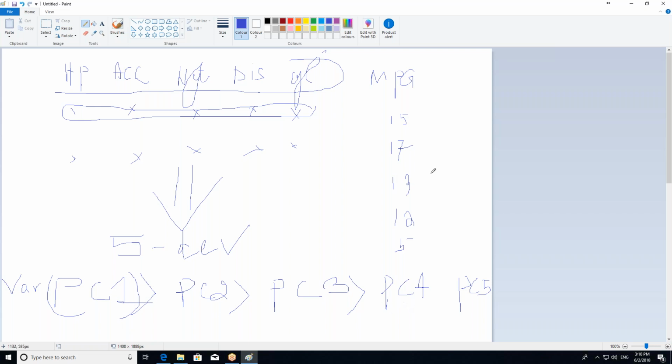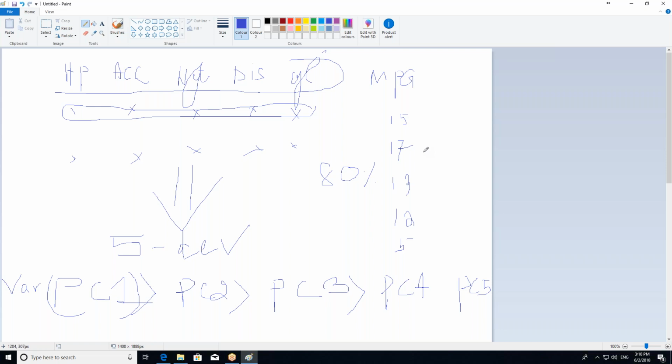Say the total explanation of all these variables is something like 80%. That 80% is the adjusted R square, which means it correctly predicts 80% of the time, with 95% confidence interval.